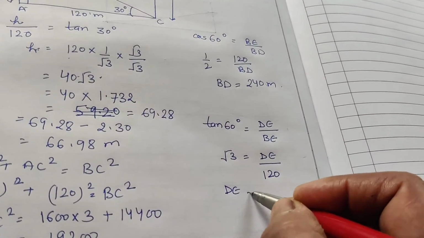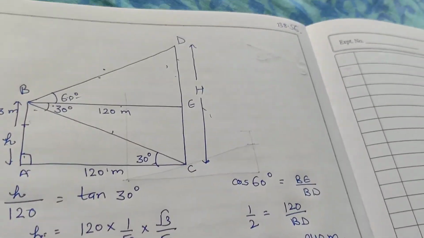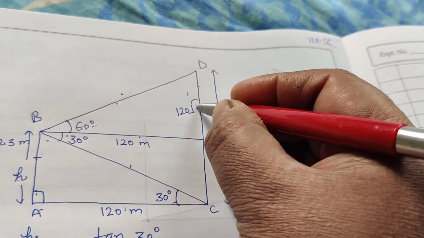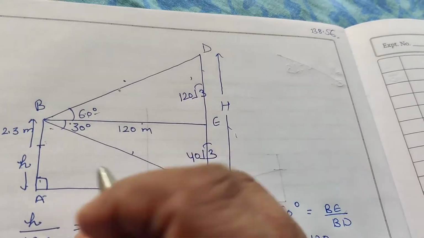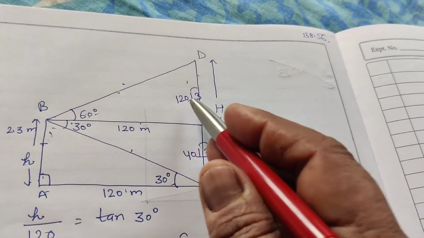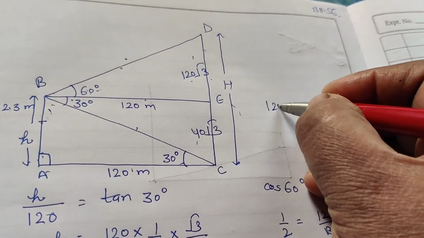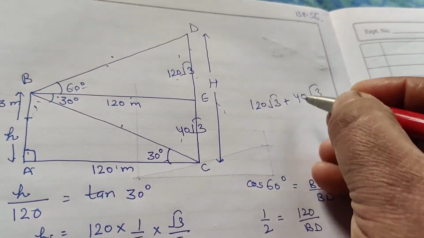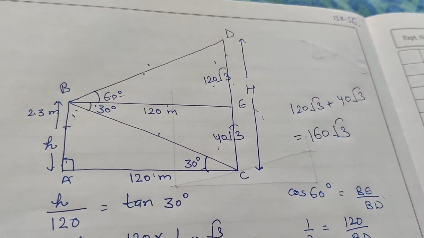DE equals 120 root 3. So this portion is 120 root 3 and this portion is 40 root 3, the height of the building including Ramlal. Now adding these two, 120 root 3 plus 40 root 3 is 160 root 3. The total height of the Sky Tower is 160 root 3.